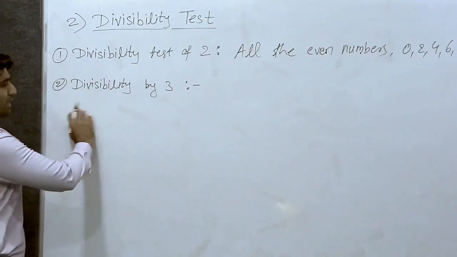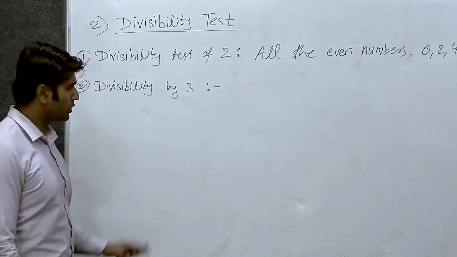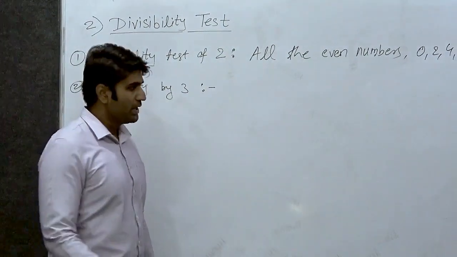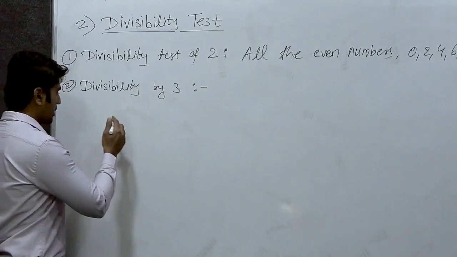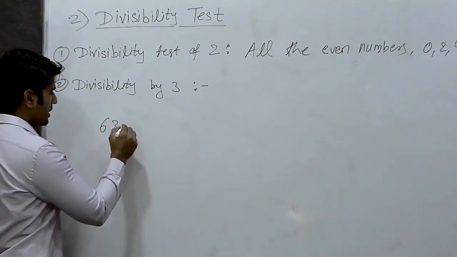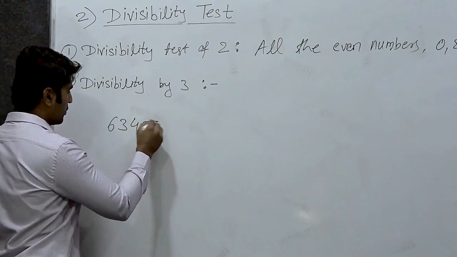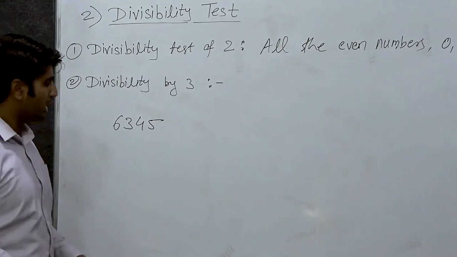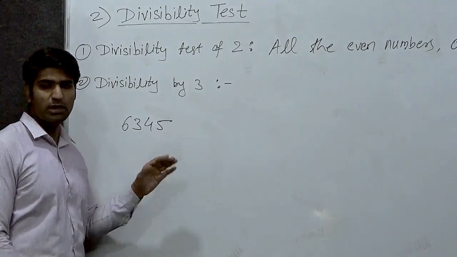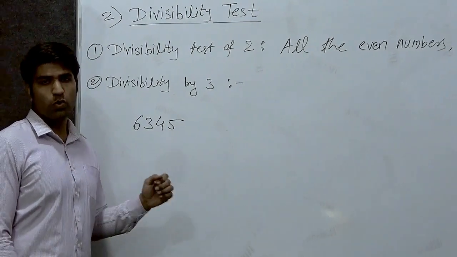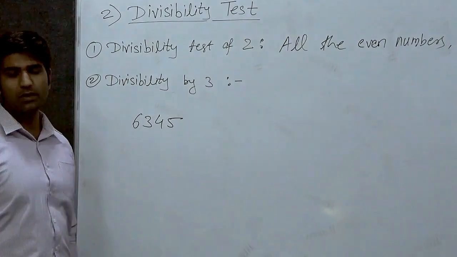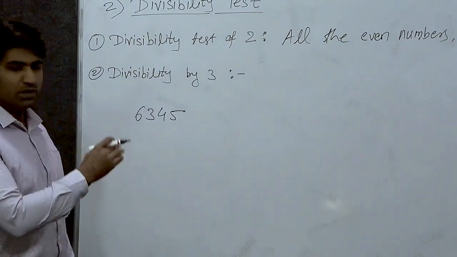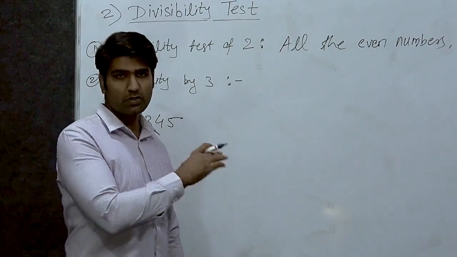Next, divisibility by 3. Let's say a number 6345, and I have to check whether this given number is divisible by 3 or not. So what should I do? For that I have to know what is the divisibility test of 3. So first I will write the divisibility test of 3.